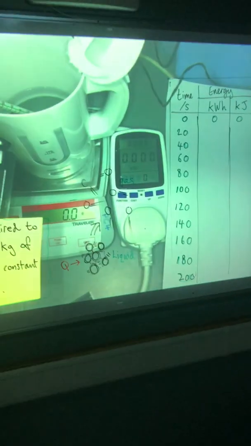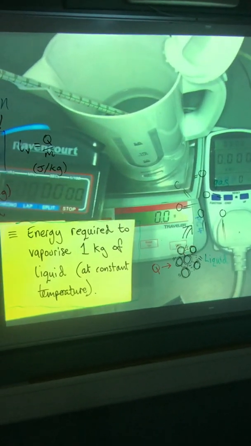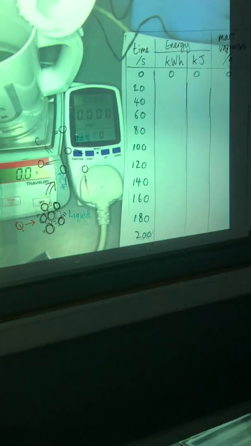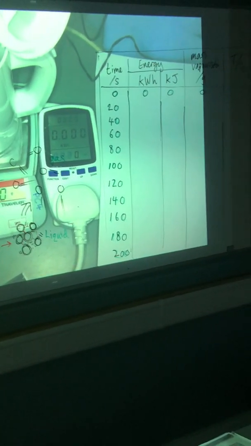It's changing. Now, what's going to happen now is I'm going to video this about here, and then you can take down readings on a table like this.